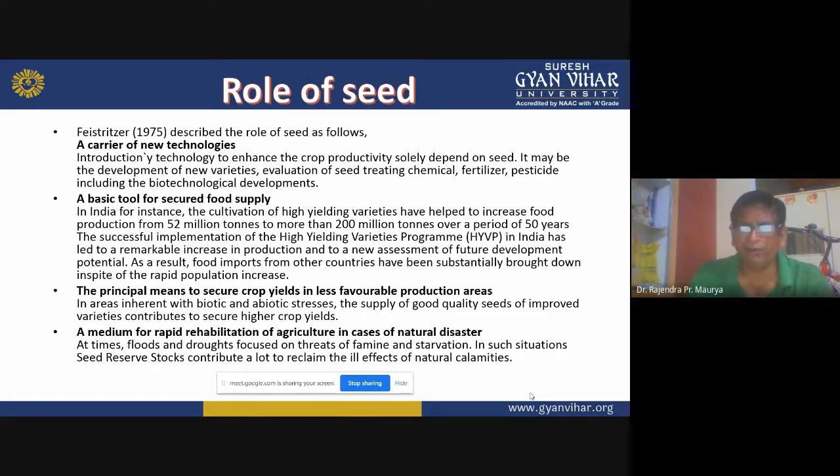That can cause famine and starvation. In terms of famine, we can also say sometimes disease. The most common example is the Irish famine that occurred in potatoes. In such situations, seed reserve stocks contribute a lot to reclaim the ill effects of natural calamities.